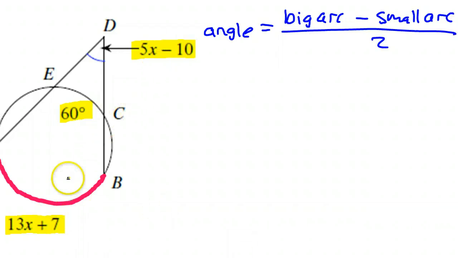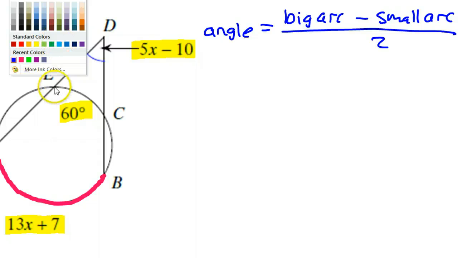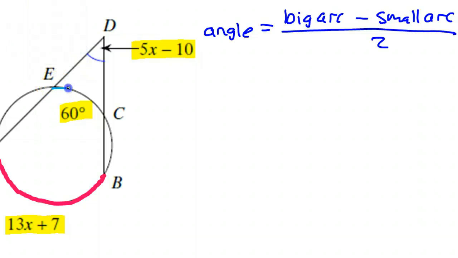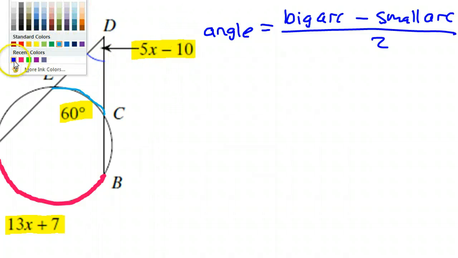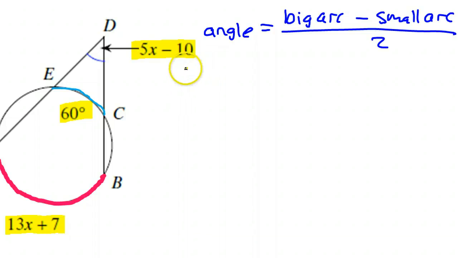Now, which one of these is the angle? Is it 60 degrees? No, that's an arc. That's one of my arcs. The angle is this up here, 5x minus 10. So that has to come first. So we will say, okay, 5x minus 10, the angle equals.